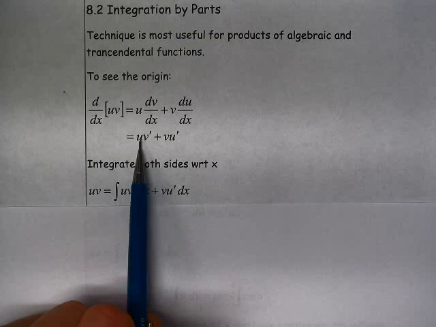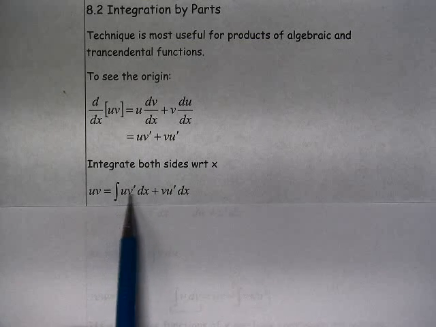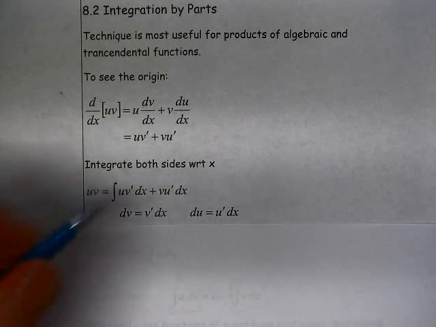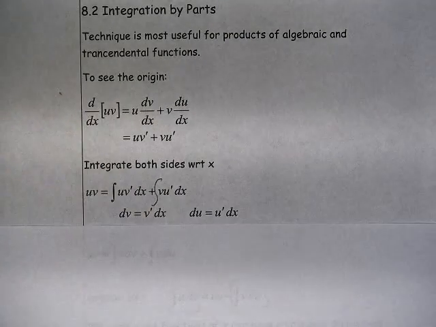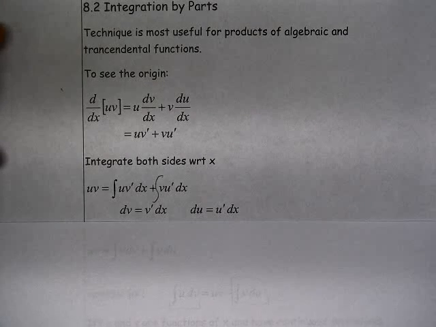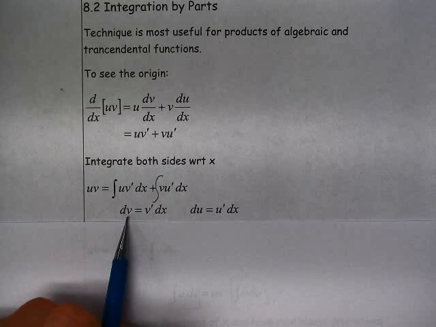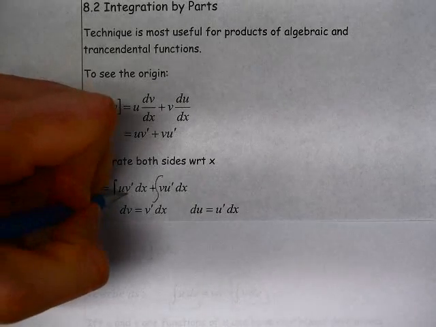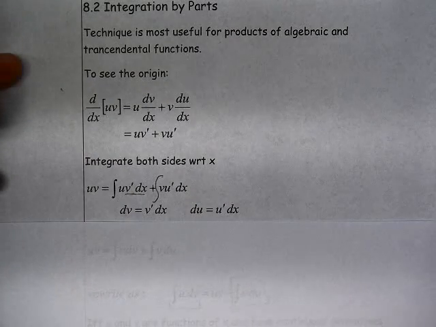Now when I integrate both sides over here, I have the integral of u v prime dx plus the integral of v u prime dx. I can define dv as v prime dx, so that is this part right here.